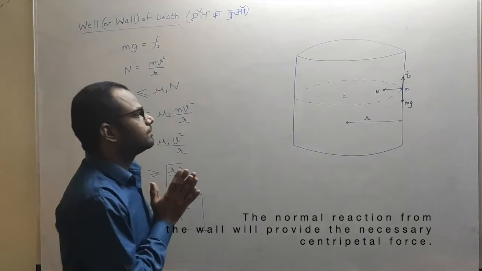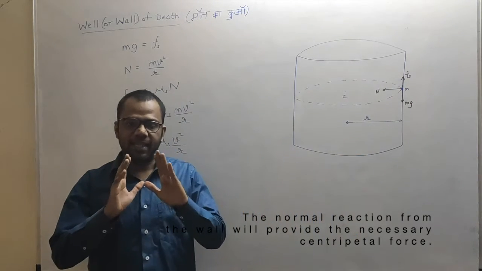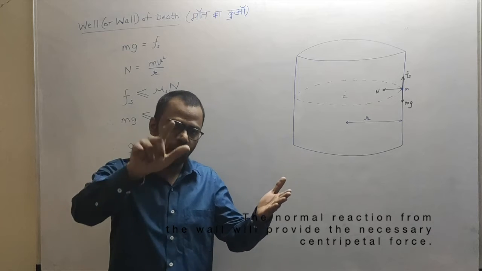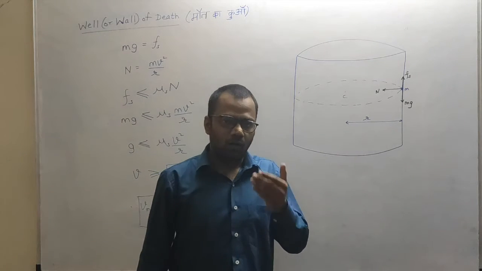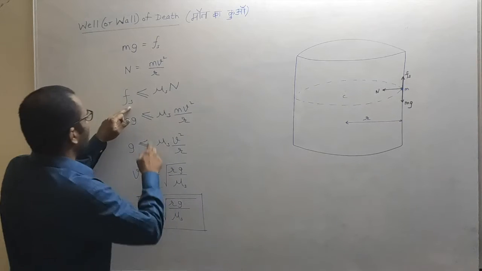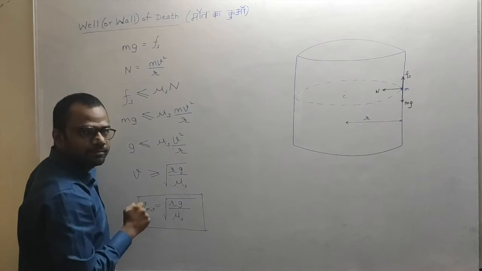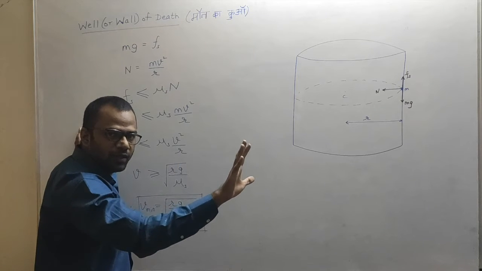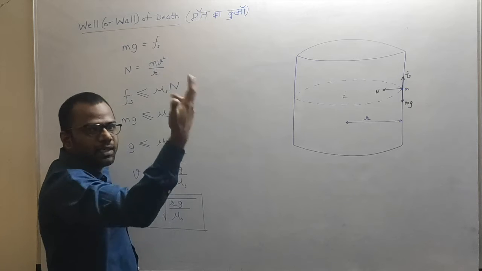Now again, Fs. We know that Fs can have a maximum value of mu s into N, the limiting force of static friction. Or we can say that Fs is always less than or equal to mu s into N. It can be mu s into N, the maximum value, or less than mu s into N, because mu s into N is the maximum value.